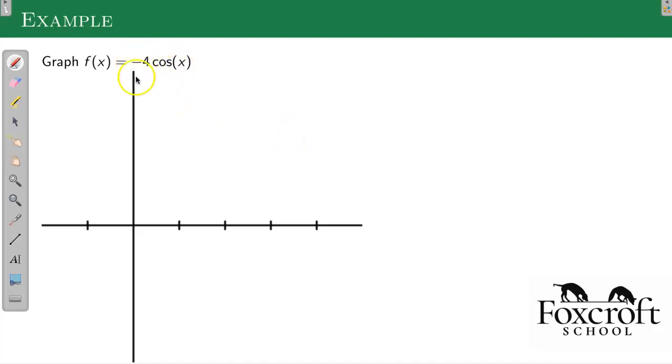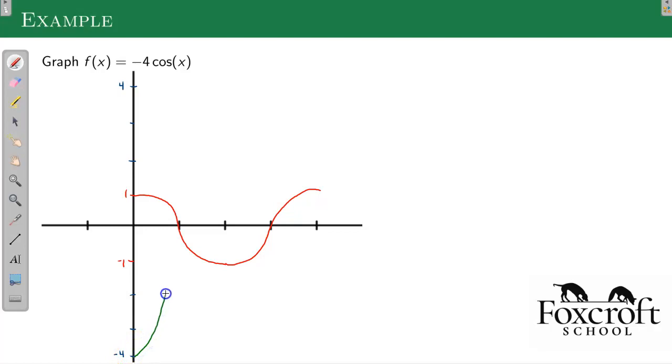All right, so I'm going to graph -4 cosine of x. Well, normal cosine of x looks like this. Again, make sure you're using those tick marks to mark out your important values. -4 cosine of x, so instead of going up to 1, it's going to go down to -4, and up to +4. And again, the only difference is this negative is going to flip it. So instead of starting at the top value, I'm going to start at the bottom value.